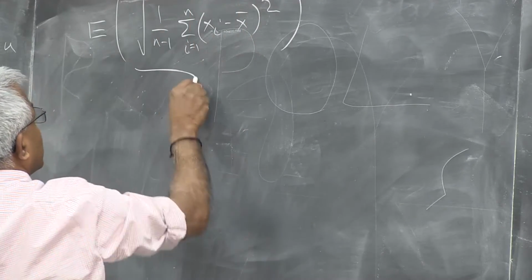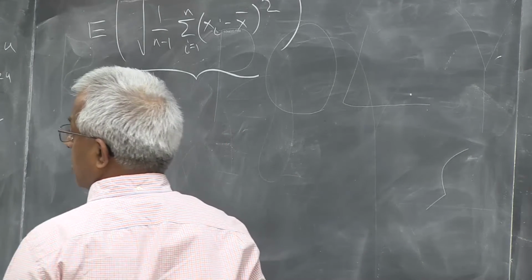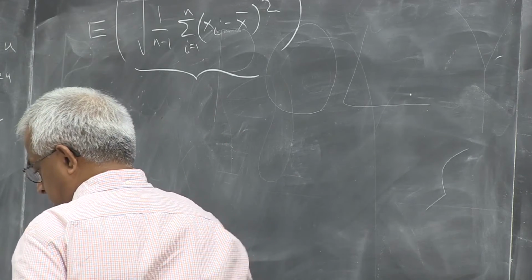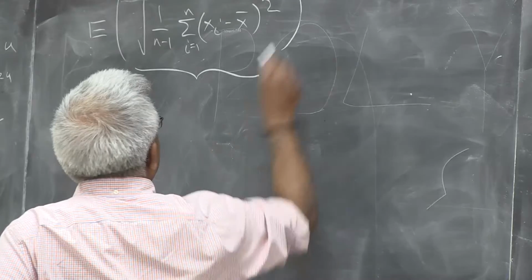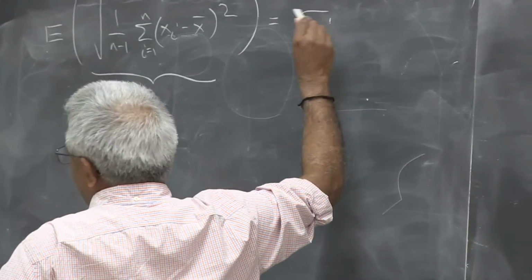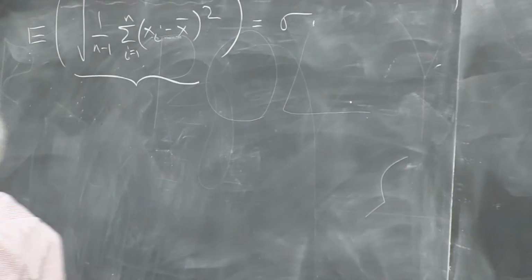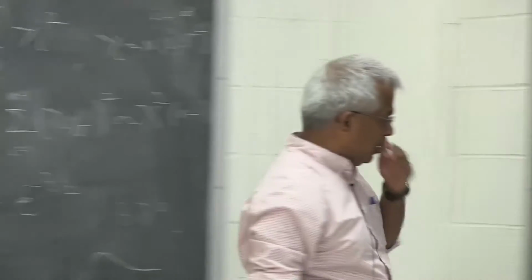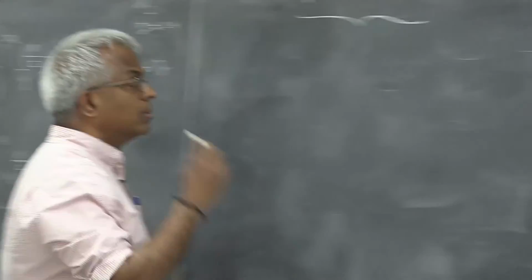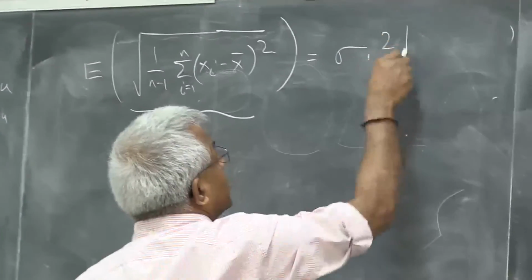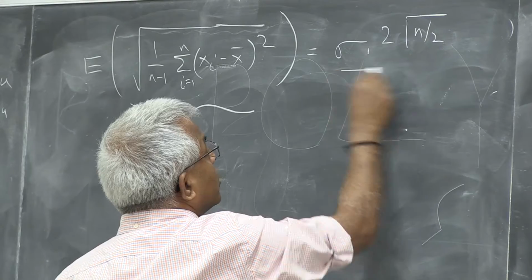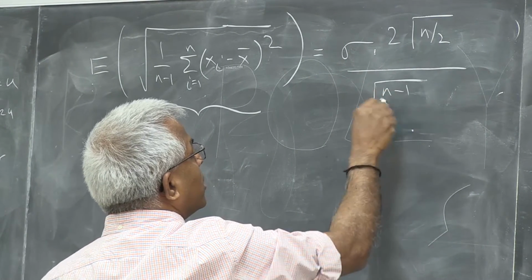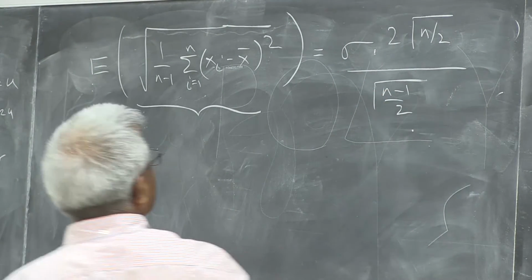This quantity's expected value is sigma multiplied by, because there is a sigma squared here, when I do the square root there is a sigma, and if I bring it to the other side, that is square root of 2 gamma n by 2 over gamma n minus 1 by 2.